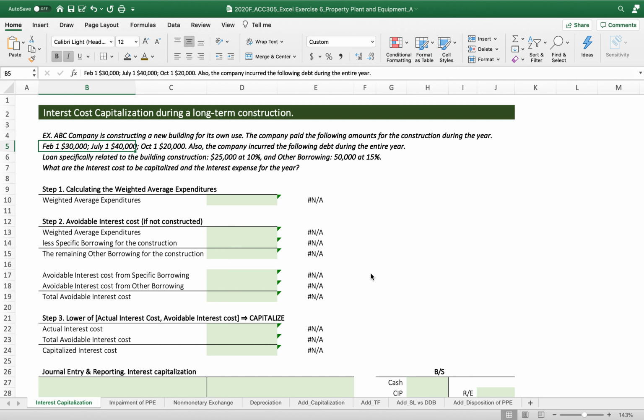Hello students, we are going to practice how to capitalize the interest cost during a long-term construction.